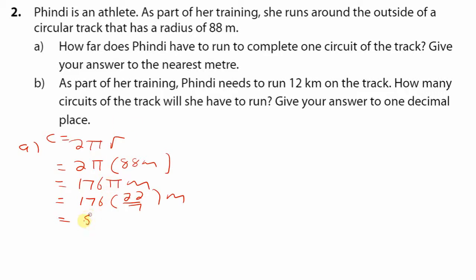And we will obtain 553.14 meter to 2 decimals. To the nearest meter, 553.14 is closer to 553 than to 554. So it's therefore 554 meter to the nearest meter.